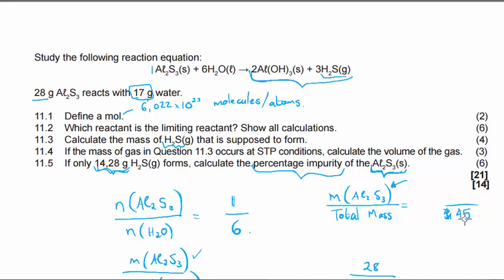How do you work out how much aluminium sulfide is left? Minus from the original. What would you subtract from the original? How much was used up. So we need to work out how much was used. How do we do that?